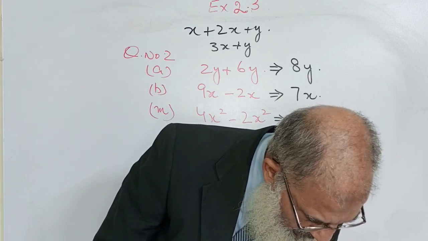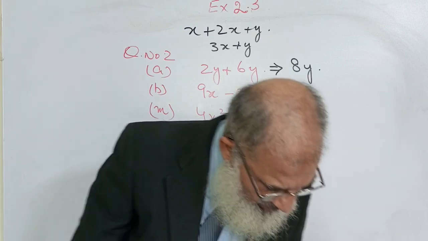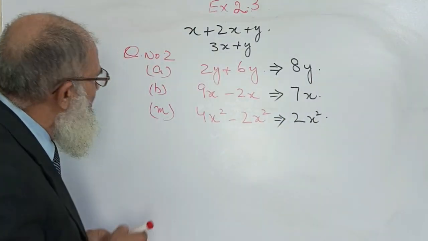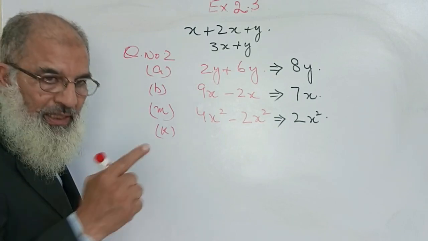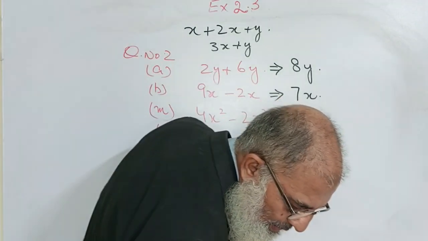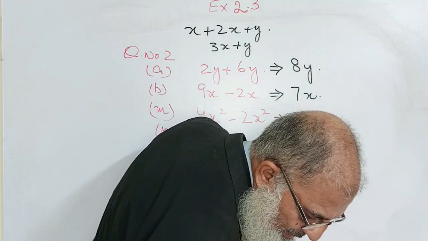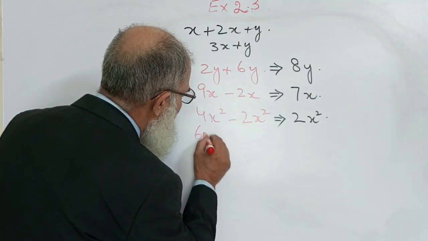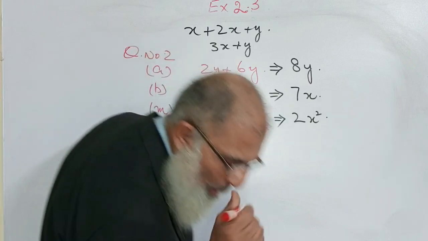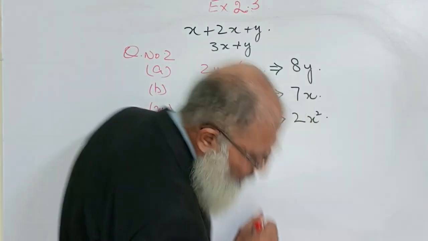So there is one question, K, for which we have already done one in question number 1, and that is minus 6pq minus 2qp.